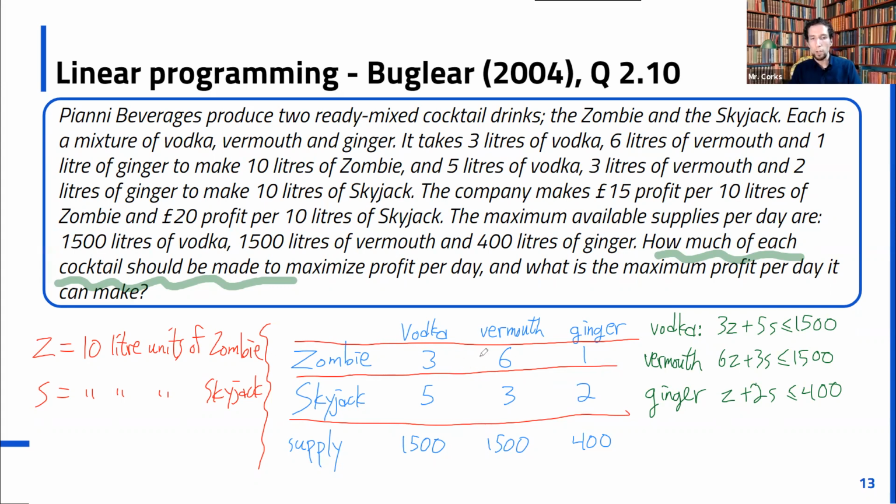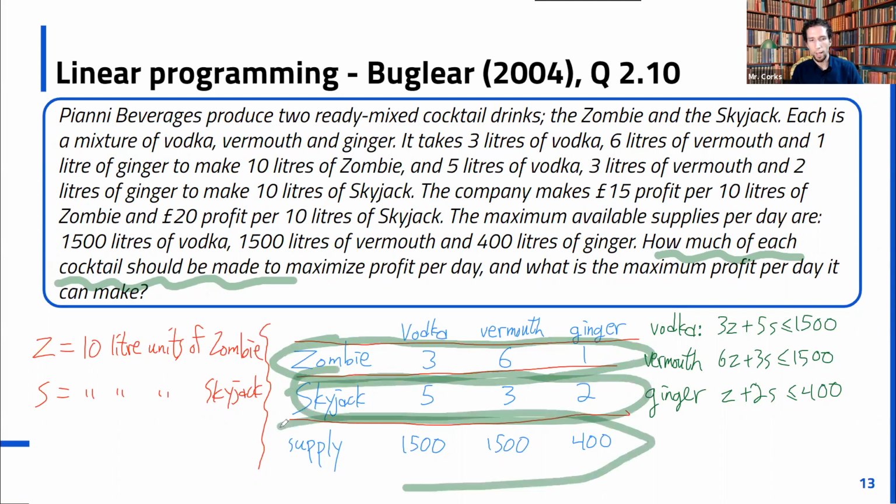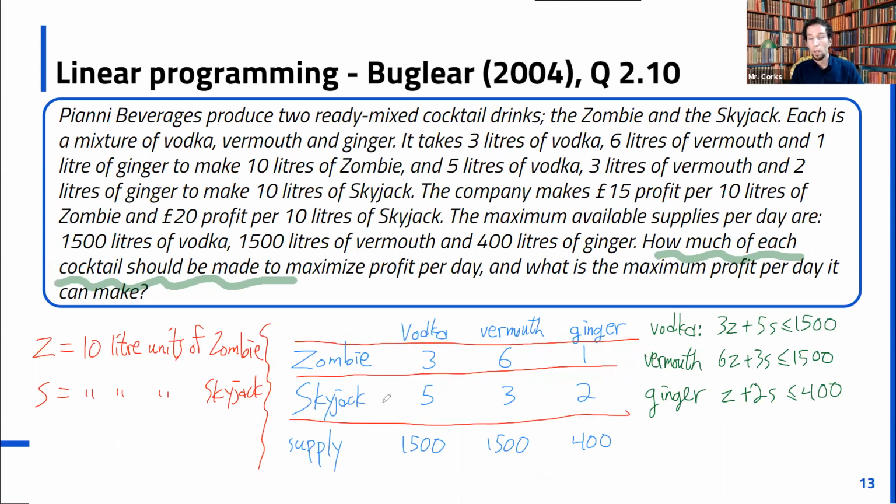So we could make variables for vodka and vermouth and ginger, and then make some sort of inequality that looks like this, and then our supply equations there. But if we did that, we would not be able to represent our objective function with that same thing, or not in a clean, logical way.